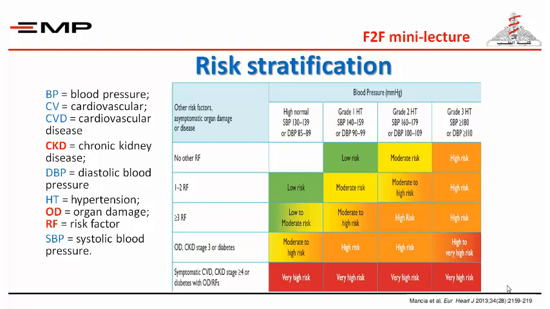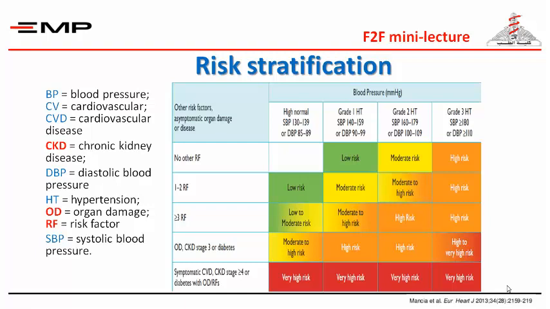This table shows how to risk stratify patients when we know the risk factors for each patient and if there is organ damage or diabetes or chronic kidney disease. According to the number of risk factors, we can risk stratify our patients. According to the presence of diabetes or not, also helps in risk stratification.